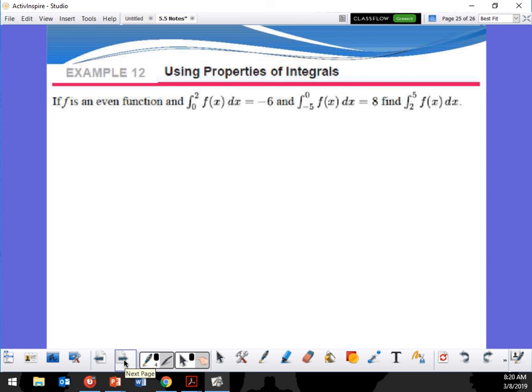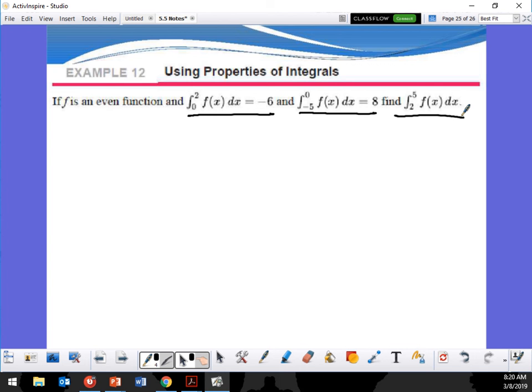All right, if f is an even function and this is -6, this is +8, find 5 to 2. So even function means it is symmetrical, right?